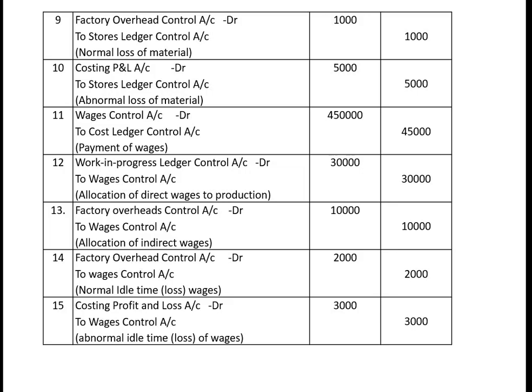It comes to 45,000, and we have seen the wages control account is debited by 45,000. So your wages control account will be matched. On the debit side it will be 45,000, and on the credit side we have different allocations, 30,000, 10,000, 2,000 and 3,000 respectively, from entries 12 to 15.